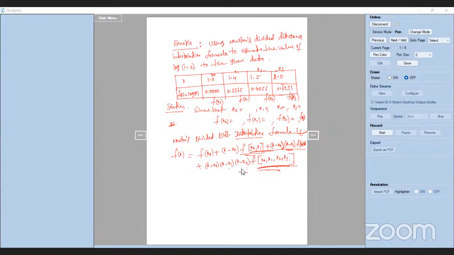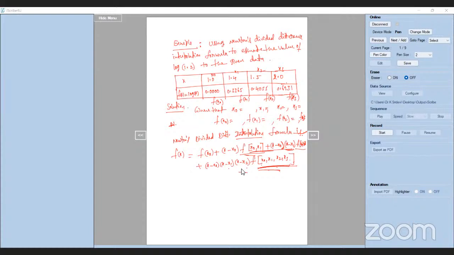Similarly, example 4, page 15 is for the forward difference formula. But examples 5 and 6 are the important problems.